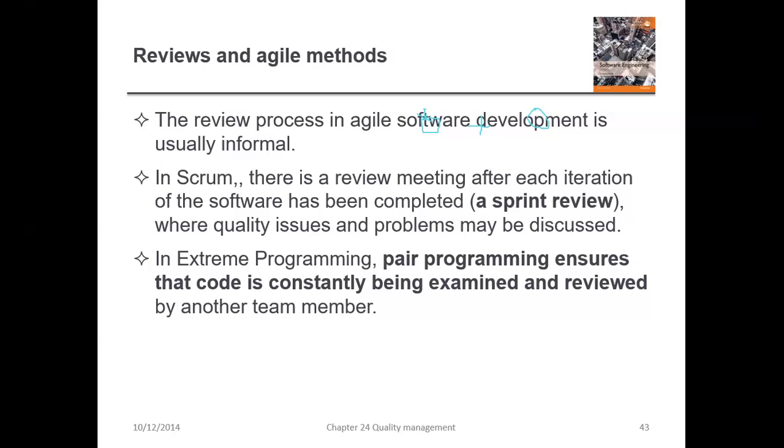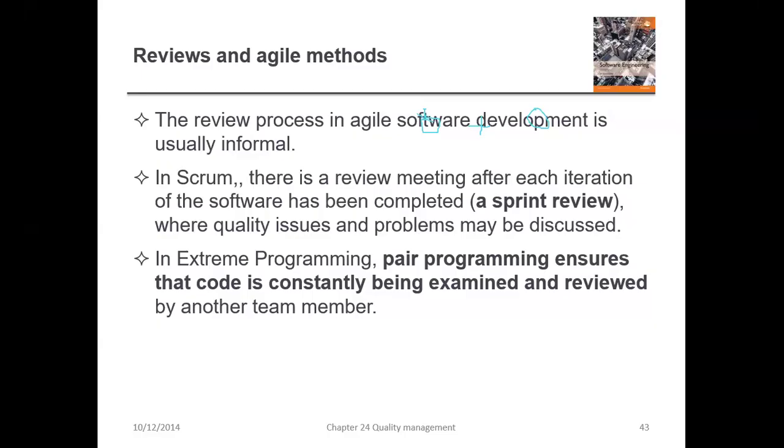For example, in a method called Scrum, there is a review meeting after each iteration. Okay, so we all know what an iteration is. It's a phase in the system development where a few features are developed, tested, and then they go into the next iteration.